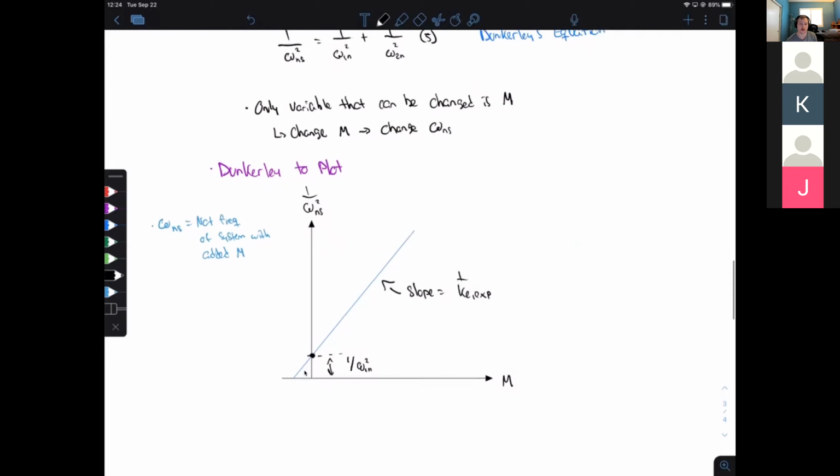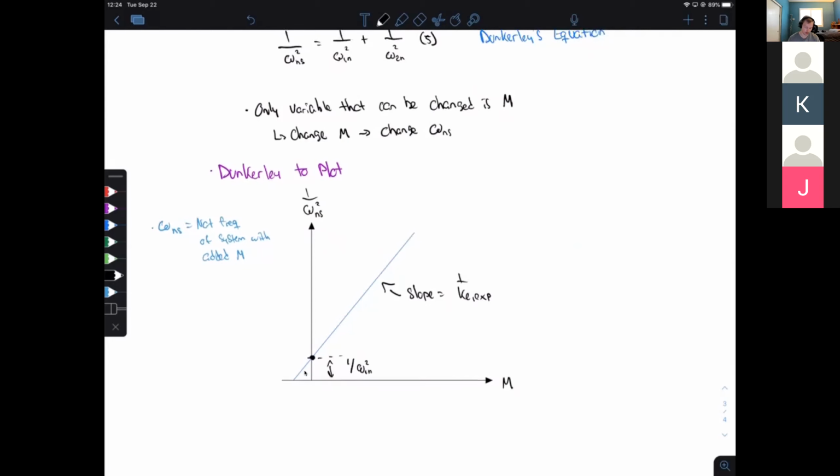And then we can find one more thing from this plot. Okay, so from our intercept with the horizontal axis now, that's going to be equal to our effective mass, the experimental effective mass for the beam. All right, so you can find those 3 things from this plot.